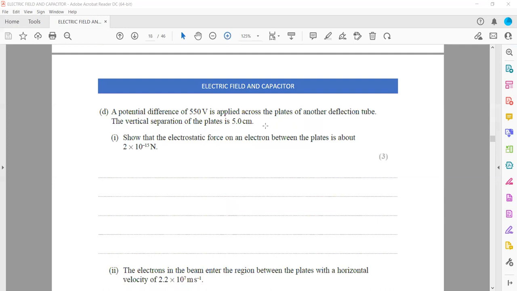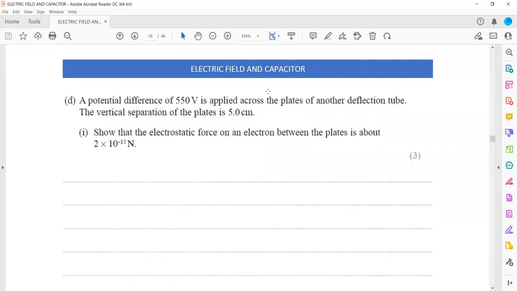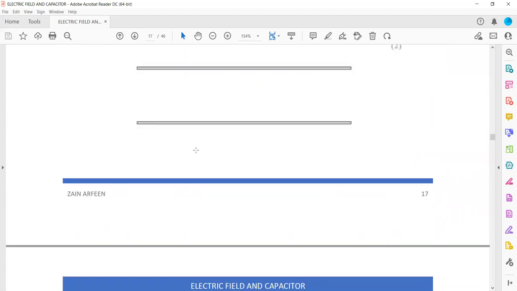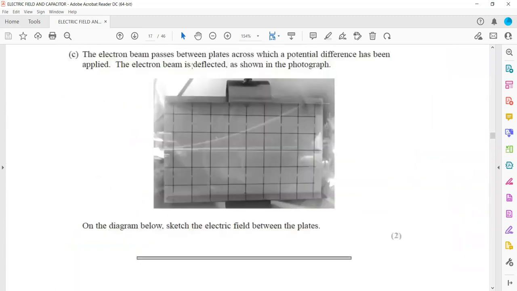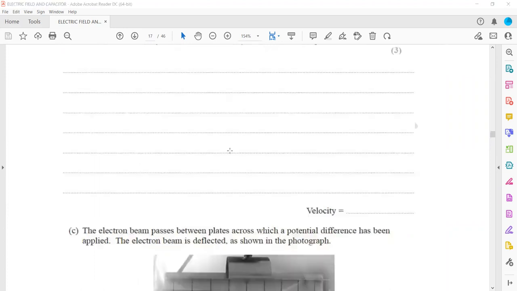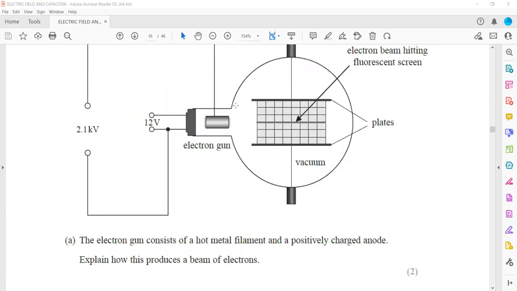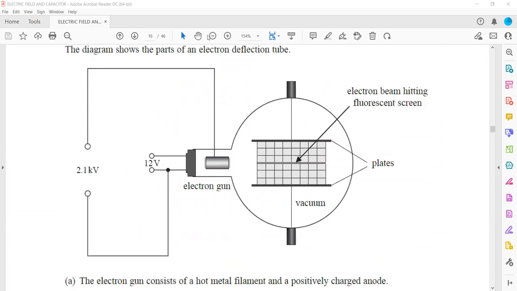In part D, a potential difference of 550 volt is applied across the plates. The vertical separation is 5 centimeters. Show that the electrostatic force on the electron is about 2 exponent minus 15 Newton. So what happened? First, the idea is that when we produce the electrons, they are able to pass through in a straight line.